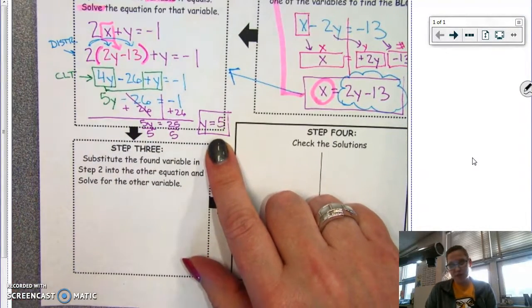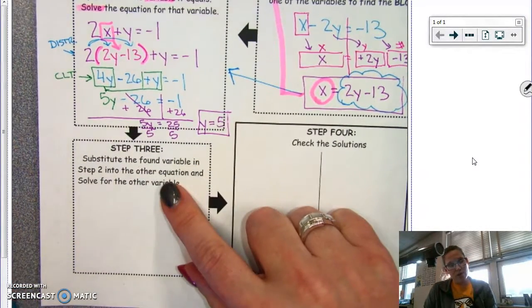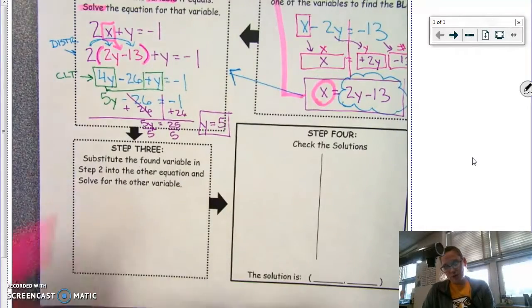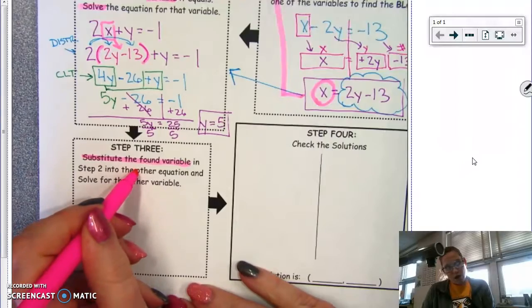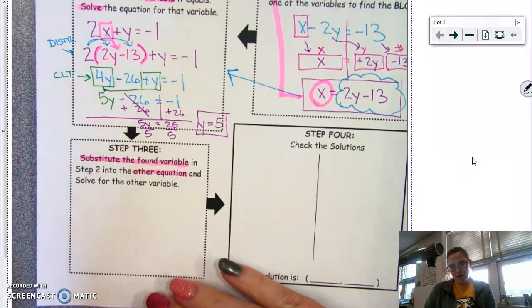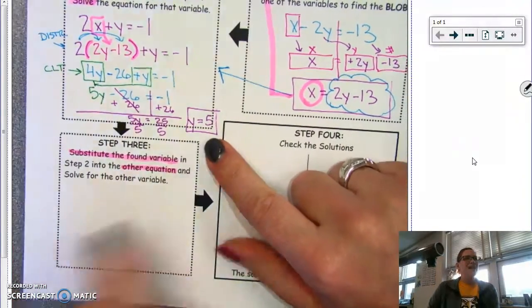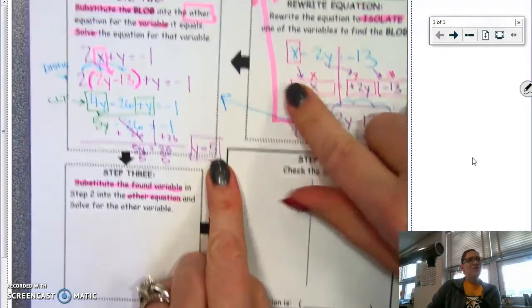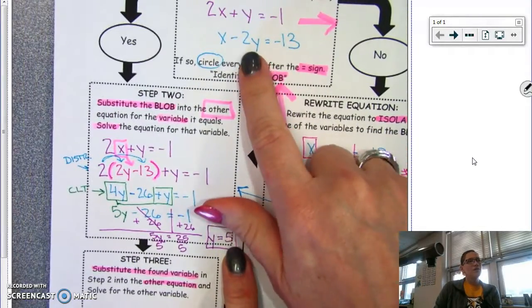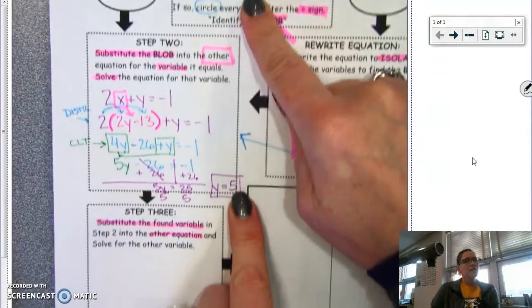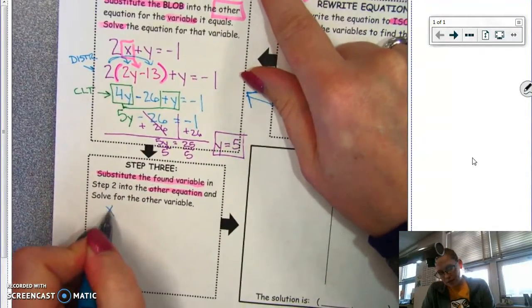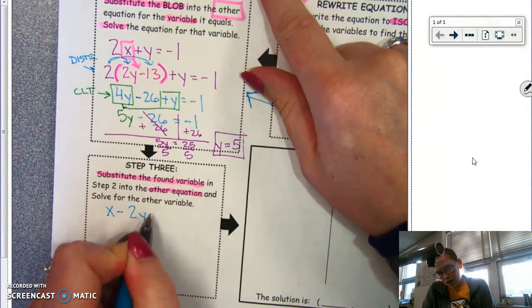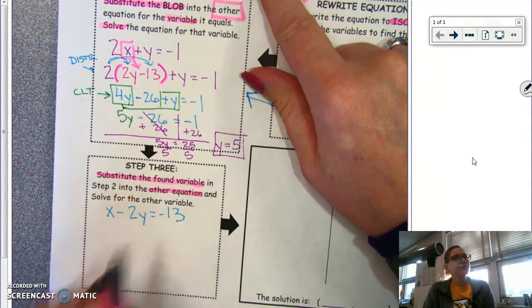So now we move on to step 3. Step 3 says to substitute the newfound variable into the other equation. So now we're going to go back into the original equation we started with, right over here, and substitute again. The equation was x minus 2y equals negative 13.